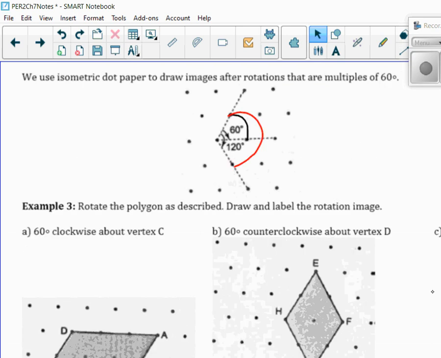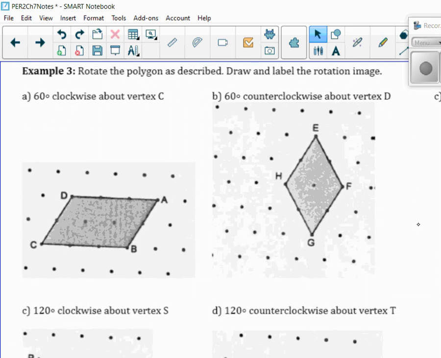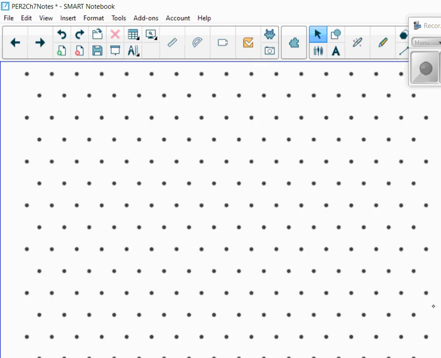This page is way too hard to do the actual thing on, so we're going to redraw it on the isometric dot paper and then do what it says there. So the first thing I'm going to do for A is draw it. I'm going to use red.